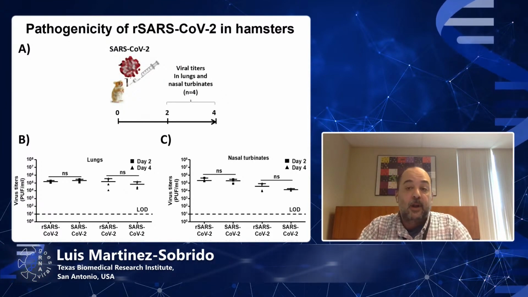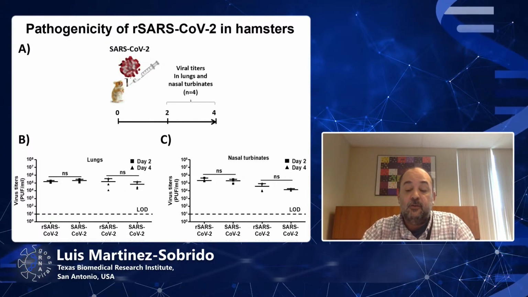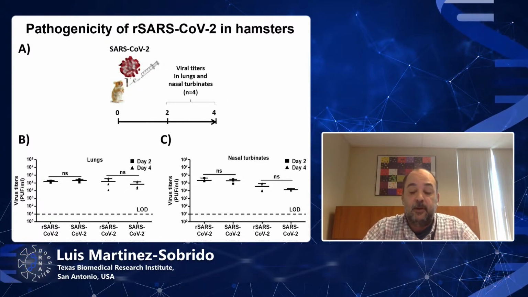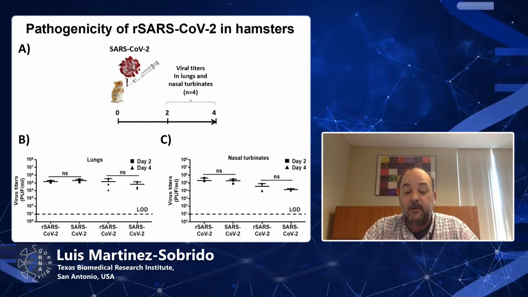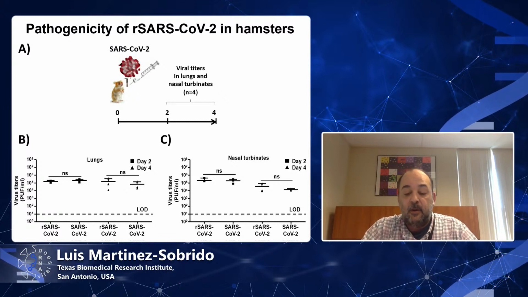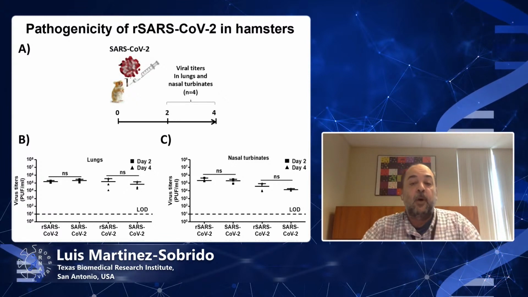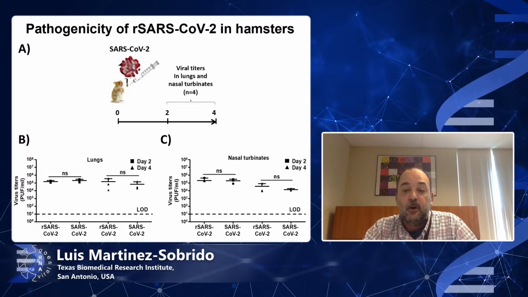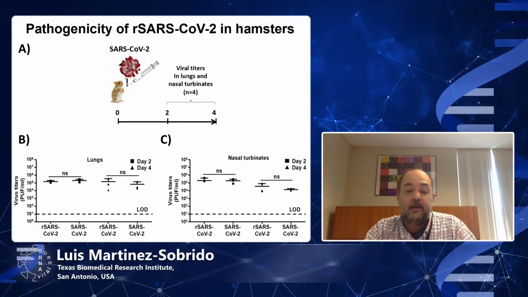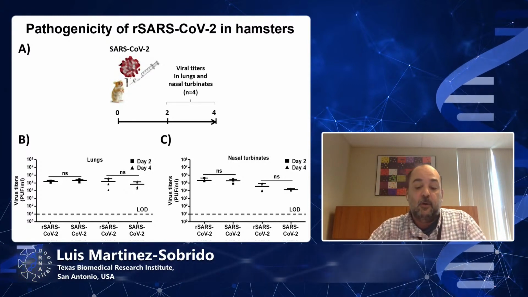Next, we evaluated our recombinant virus in rodent models that we developed here at Texas Biomed, and that have been used also by many other laboratories around the world. One of them is the golden Syrian hamster model, and the other one is the K18 human ACE2 transgenic mouse model.